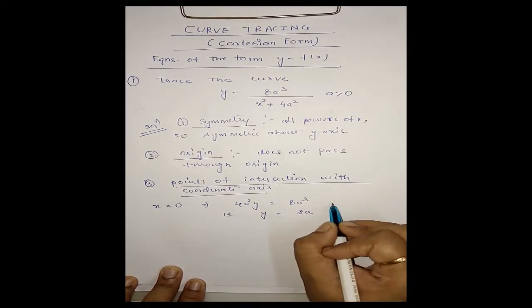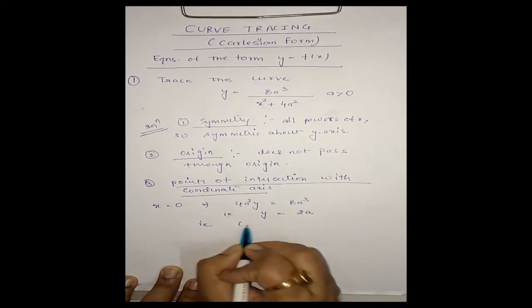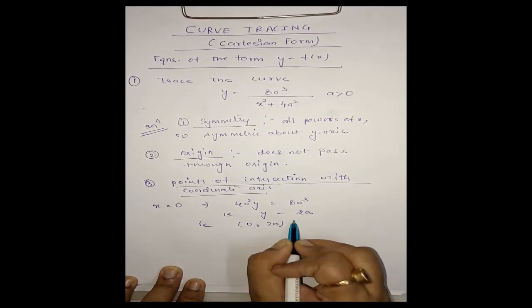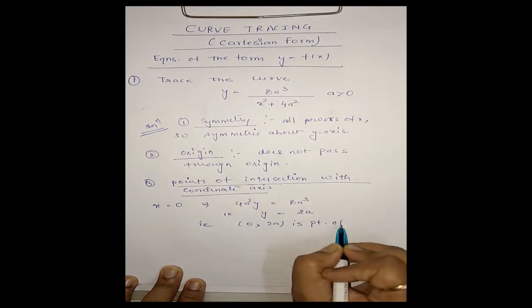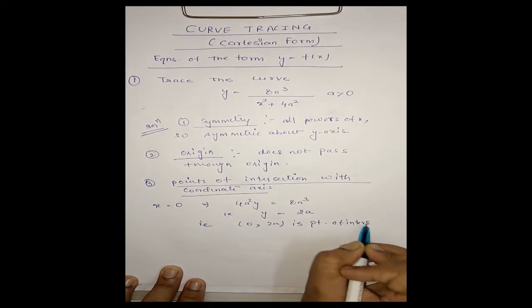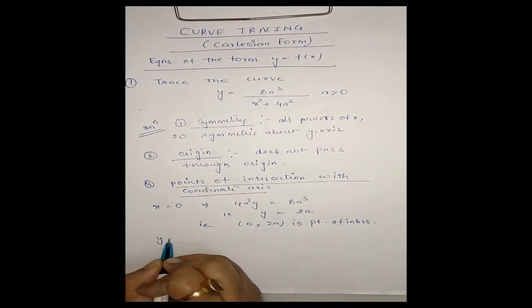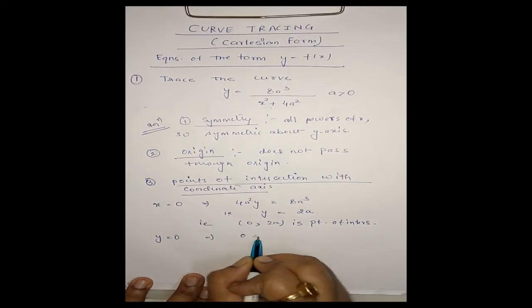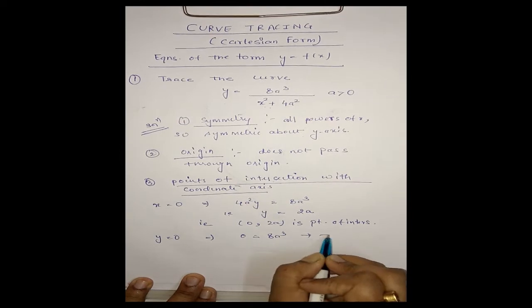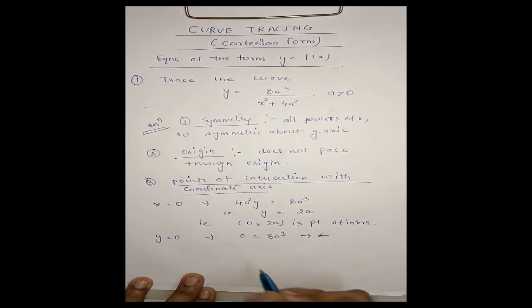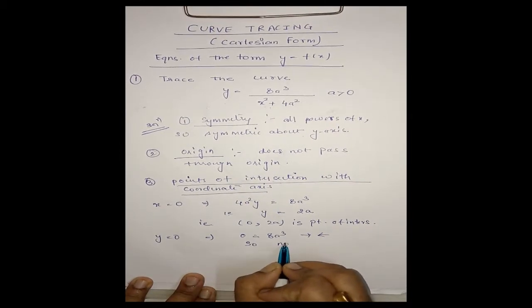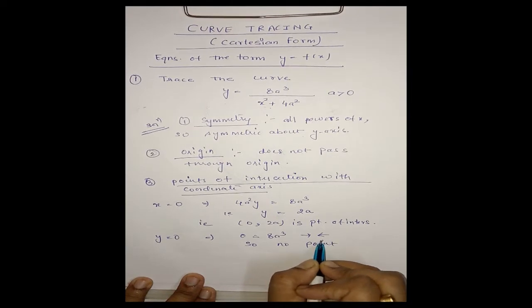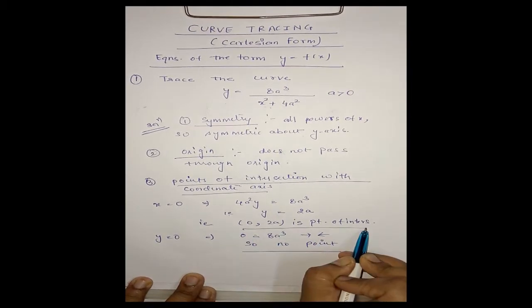That is, the point of intersection is (0, 2a). Next, when y is equal to 0, again we are getting 0 is equal to 8a cube, not possible. That means no point of intersection. So the only point of intersection is (0, 2a).